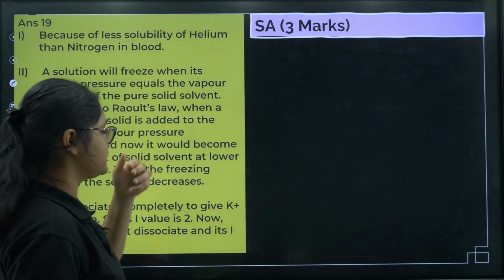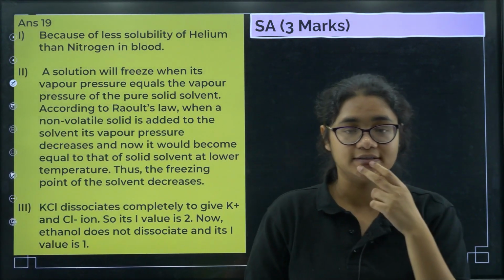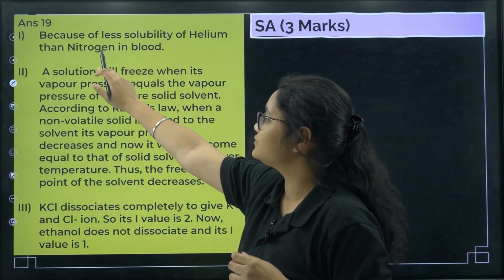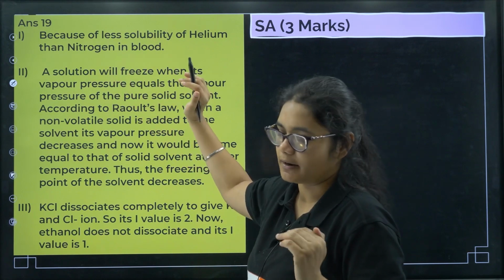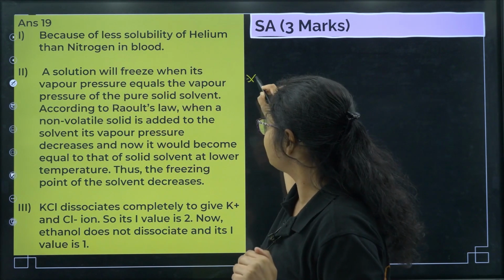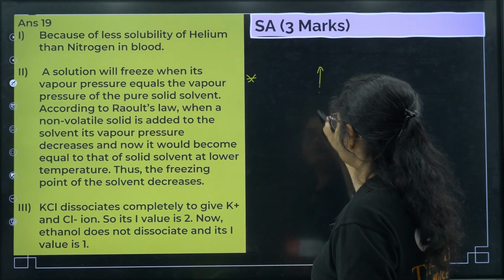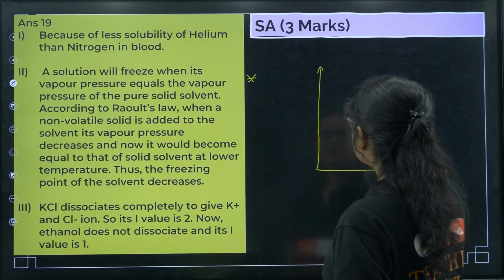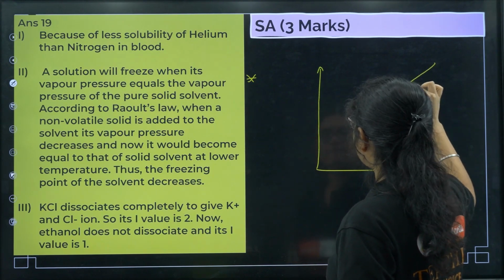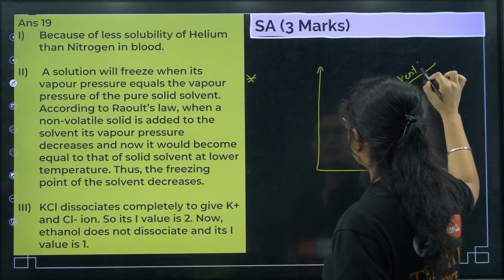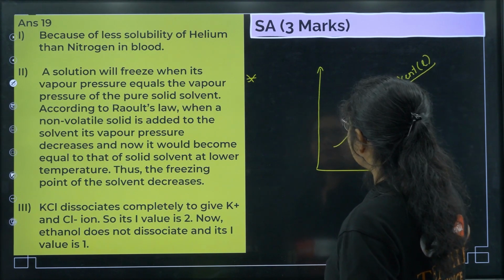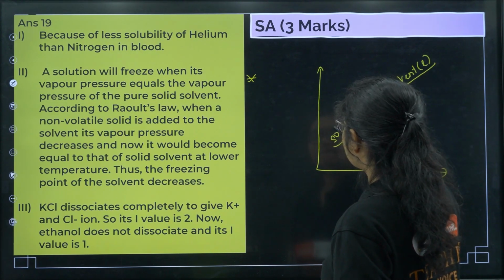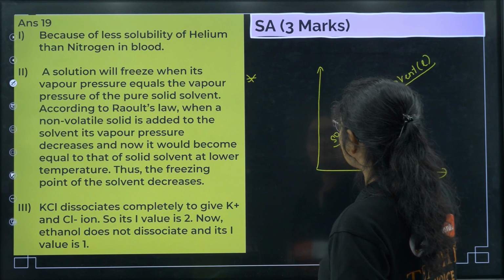So first of all, why do we use helium in the oxygen tanks? Because of its lower solubility than nitrogen in the blood. Next, this is a very important question. Please understand here. See, you have it like this. This is the vapor pressure of the solvent, liquid. This is the vapor pressure of the solvent, solid.